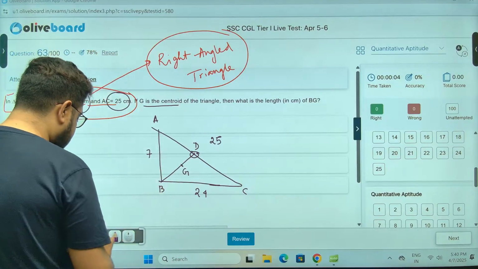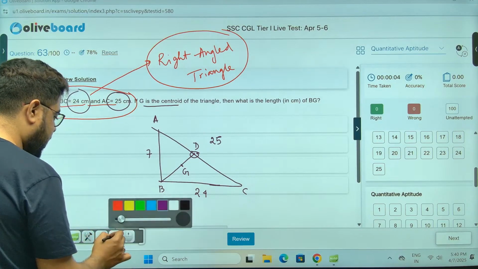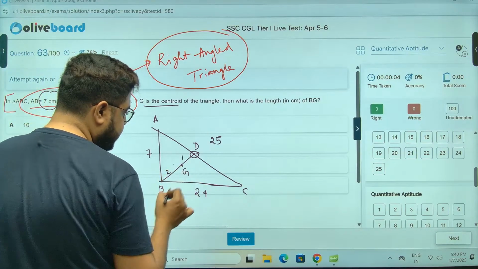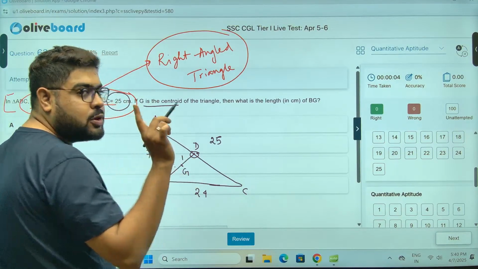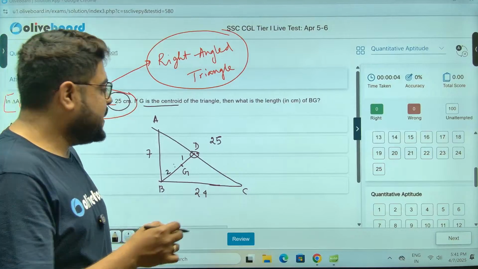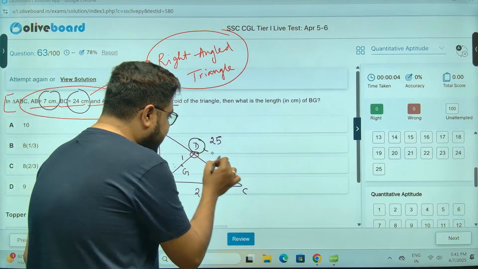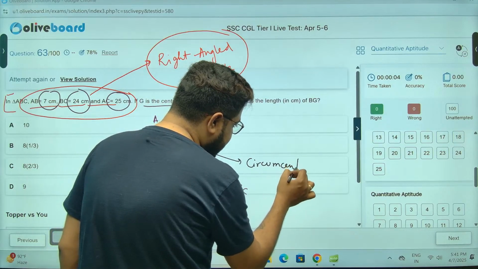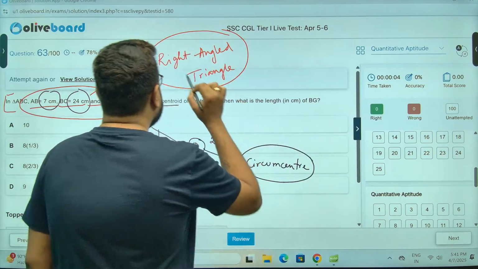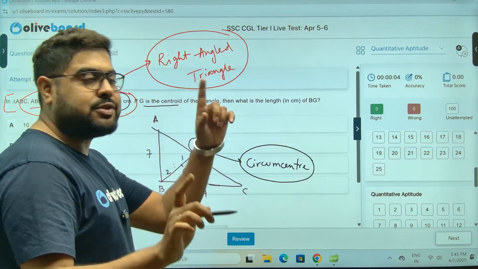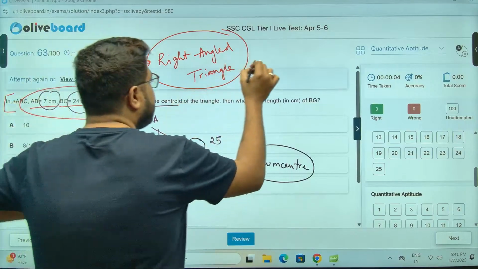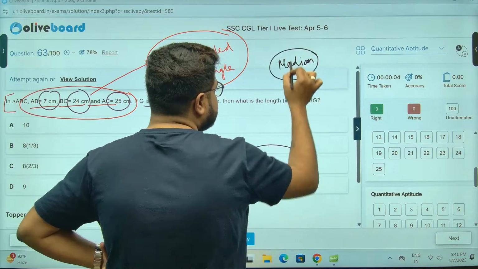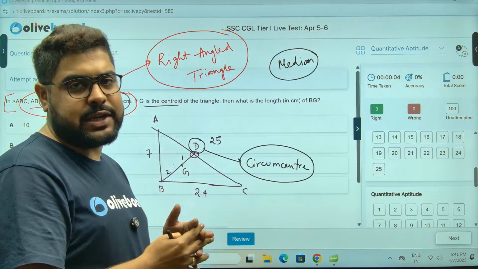Okay. So we all know one thing for sure, sir, this is 2:1. And also remember one thing, sir, this D point is also the circumcenter. I told you, whenever you see a right angle triangle and they are talking about a median or centroid, centroid means medians meet at the centroid.